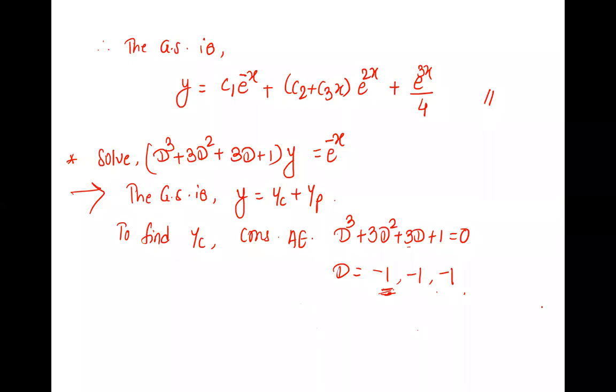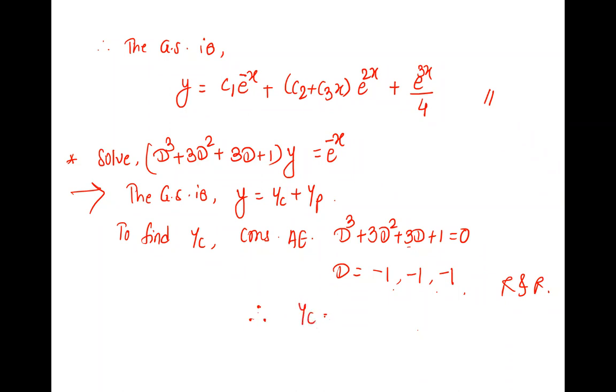Good. So minus 1. What is the nature? Real and repeated. Very good. So therefore, we get what now? The first part, that half part, is called YC.